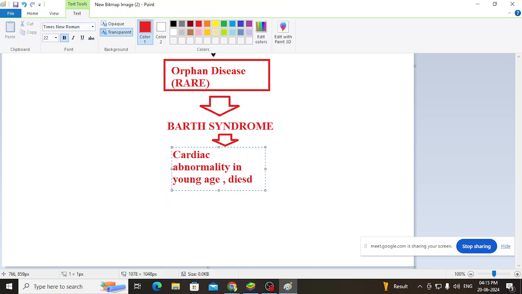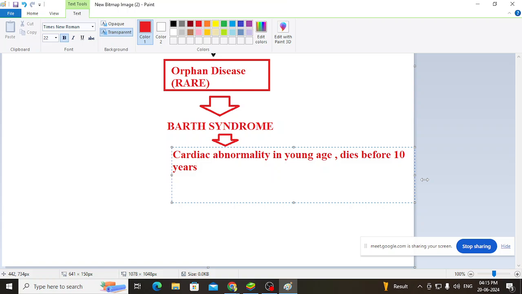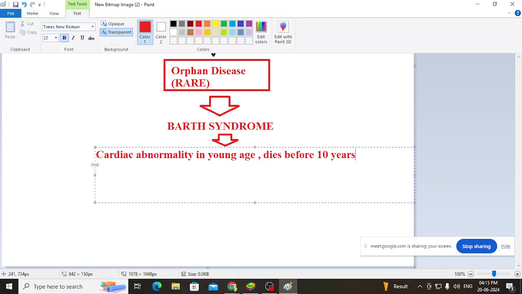The patient usually dies before 10 years. Usually before 10 years, the patient will surely die. There are very rare cases where the patient has survived.